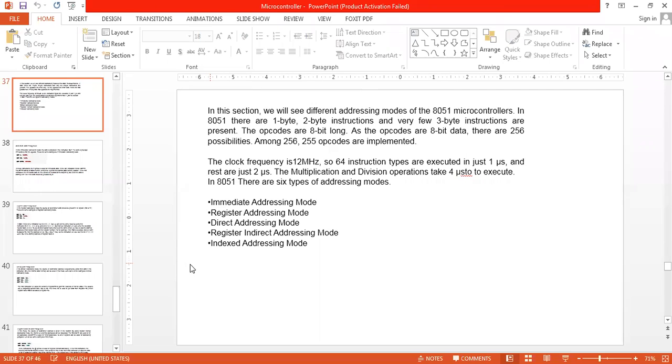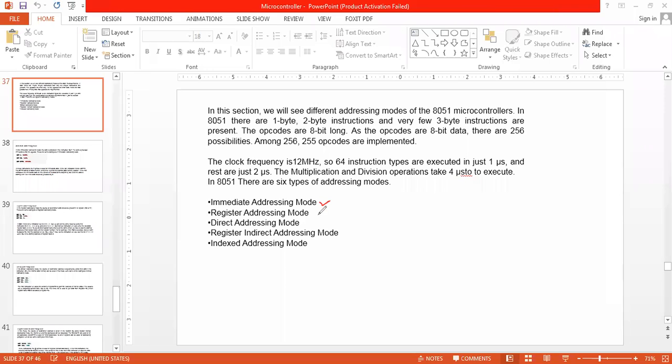In that, we saw the immediate addressing mode, where data is provided by the developer, by the user. A developer can directly give data to the ALU through some of the registers.